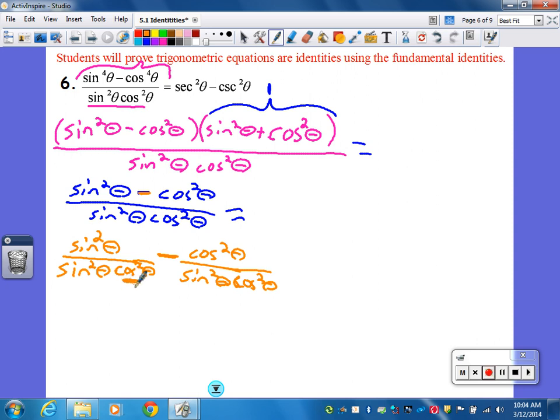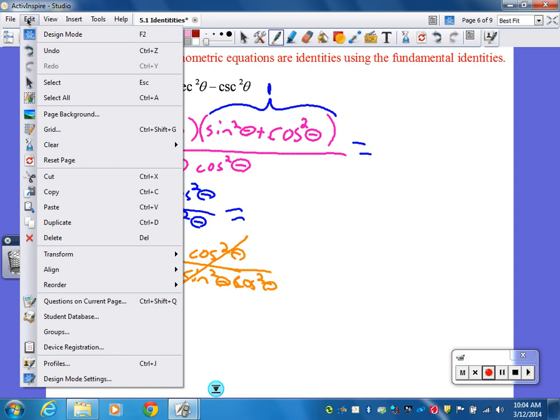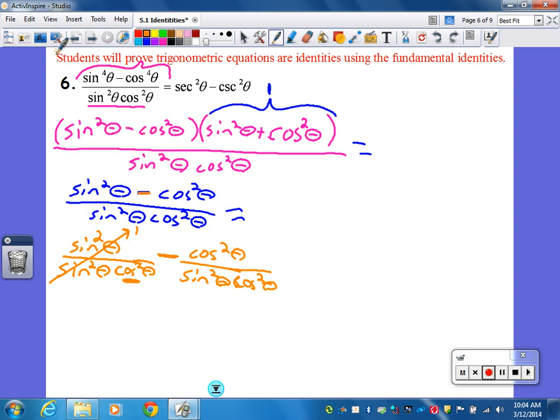Well, we have squares here, same situation. These two are going to divide to become 1, not those two. So those become 1, so it'll be like 1 over 1. So now I have 1 over cosine squared theta minus 1 over sine squared theta.